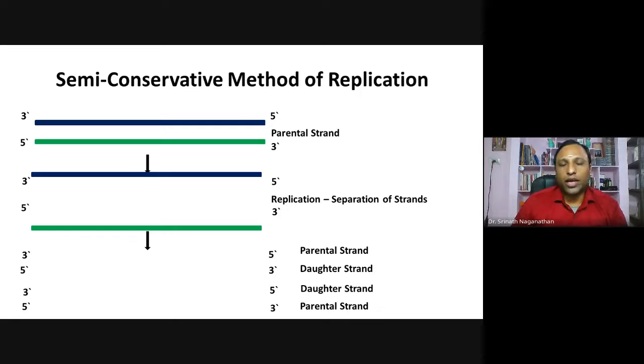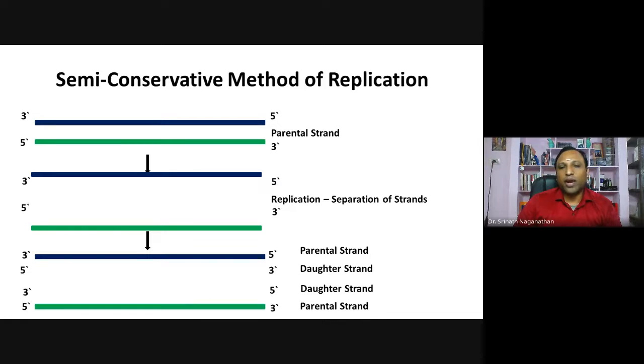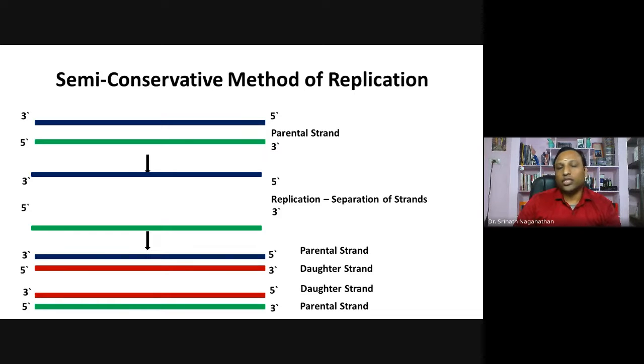In this bubble only, the replication process starts. After the replication process is done, we get 3' to 5' and 5' to 3' as daughter strands. And these two strands, after this process, get separated and can be used for the next cell.